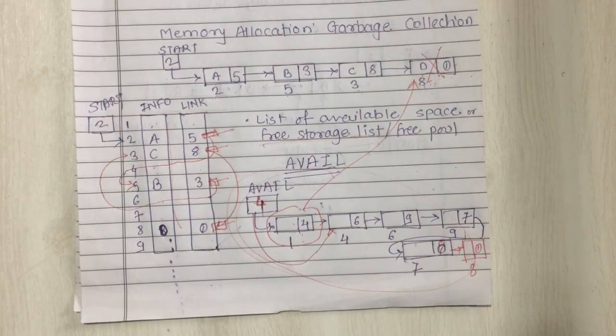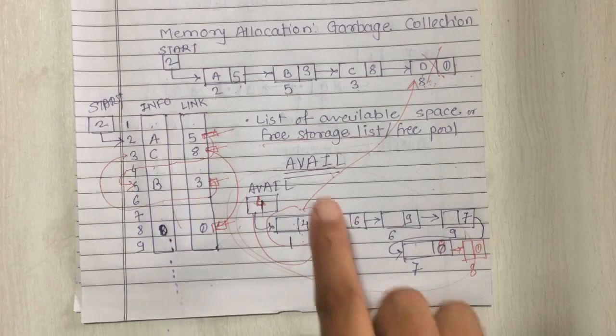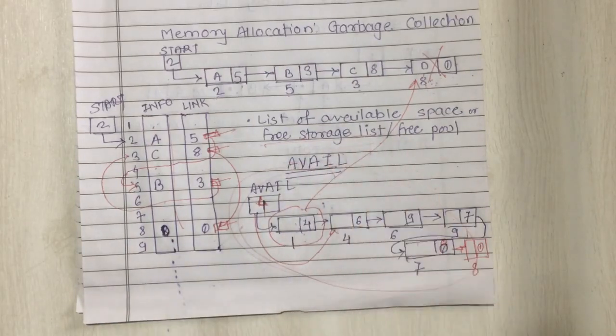I hope you understand this basic concept of memory allocation and garbage collection. So just take a quick review. What is avail? Avail is a pointer which holds the address of the first node from this free storage list. What is the free storage list? In the free storage list, whatever unused nodes are there are linked with each other.